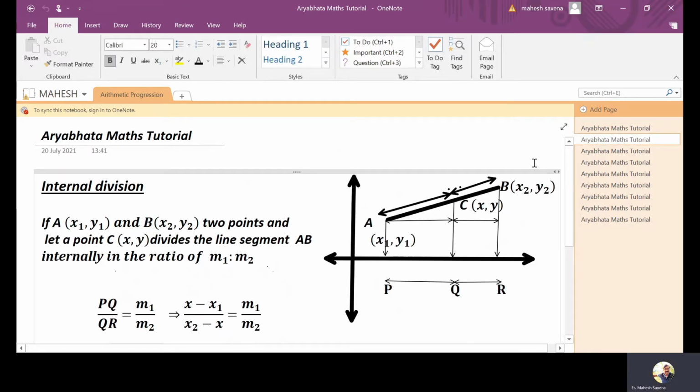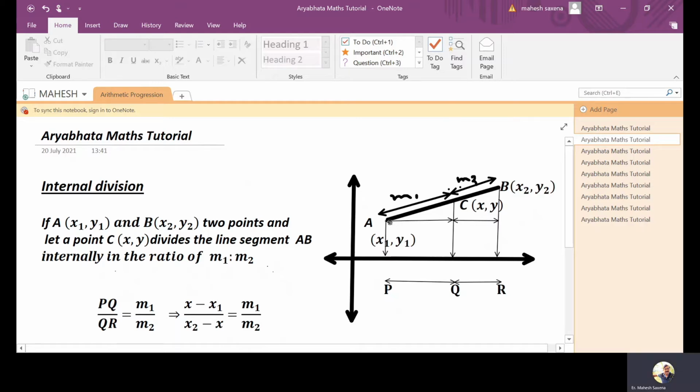Now first we take the internal division. Let point A have coordinates x1, y1, point B have coordinates x2, y2, and point C lie between the line segment AB. Since it is the internal division, point C will lie between A and B. Let point C divide AB in the ratio M1 to M2, that is AC upon BC is equal to M1 upon M2.